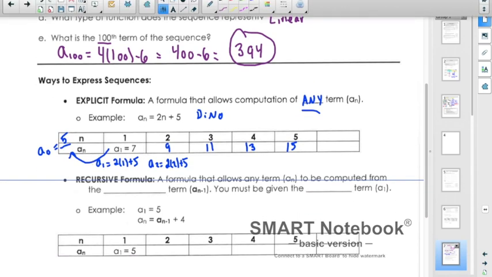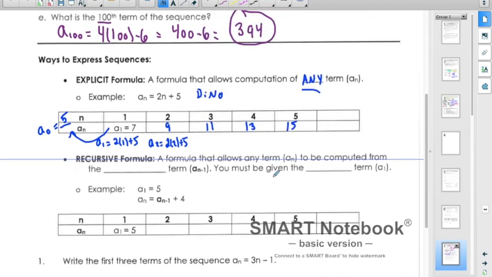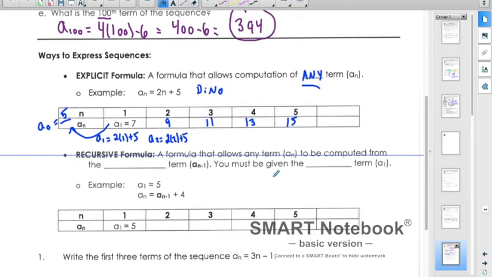Now let's look at the recursive formula. It's a little bit different, and there's a very distinct way we can tell explicit and recursive apart. Let's go through the definition. A recursive formula is a formula that allows any term to be computed from the previous term.